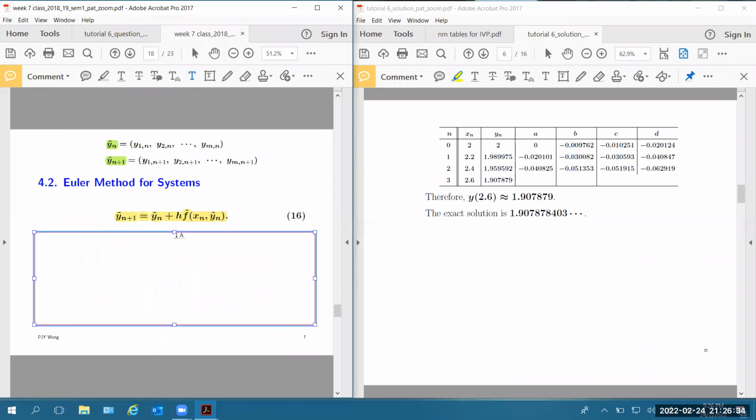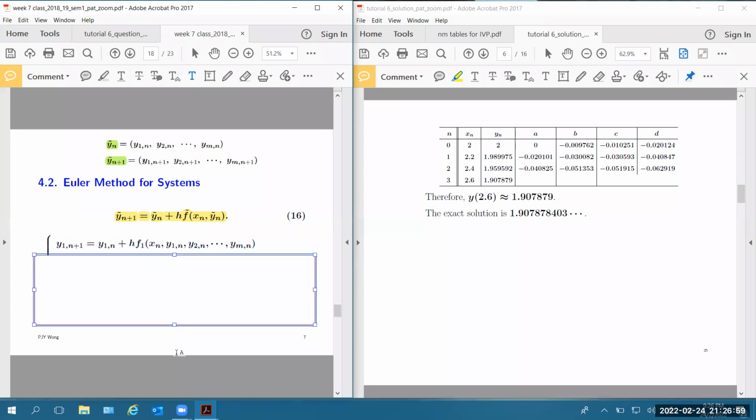You have your yn plus 1 tilde, which means all these things, equal to yn tilde plus. Let's equate them component-wise, because you see this equal sign here. That means the component of the left side equals the corresponding component of the right side. So this is what we have.